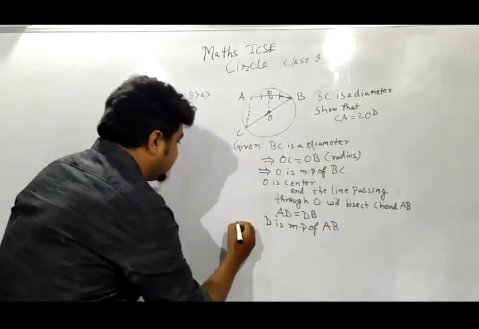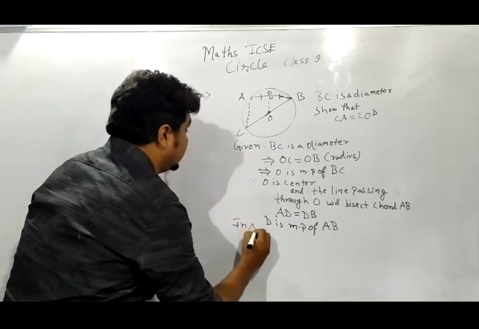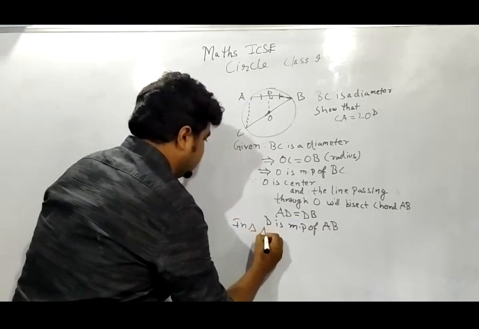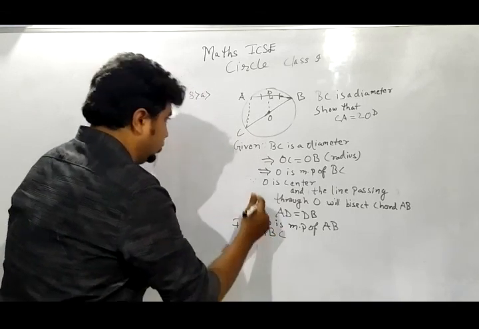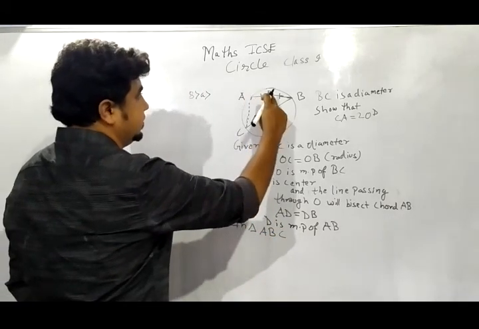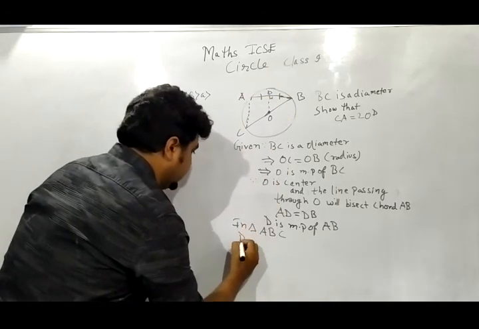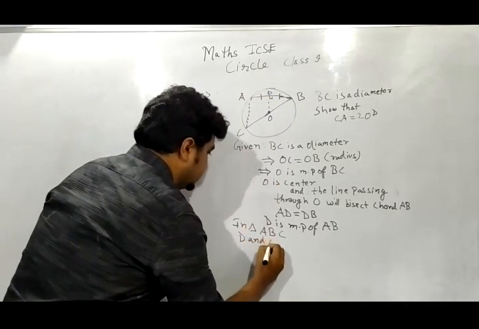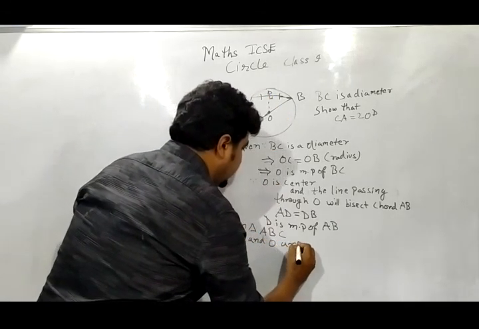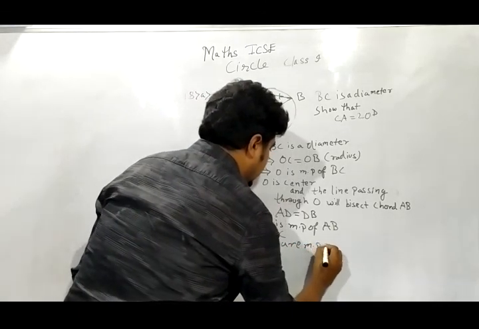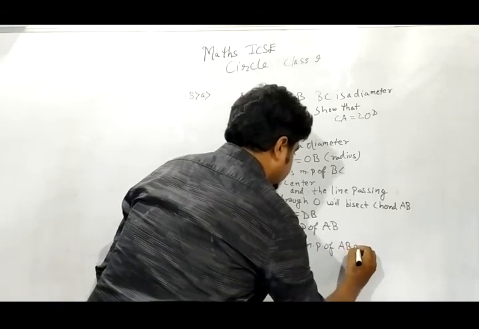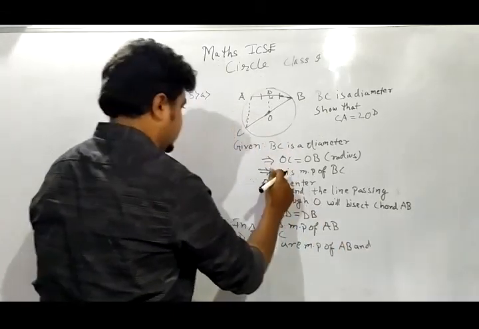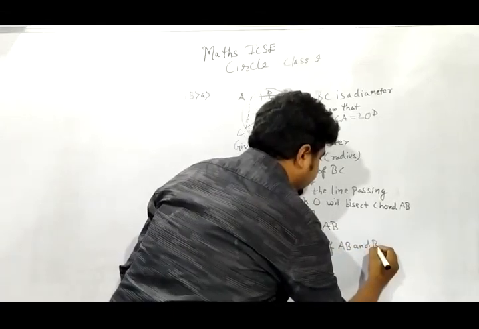So in triangle ABC, we have got two midpoints. D and O are the midpoints of AB and BC respectively.